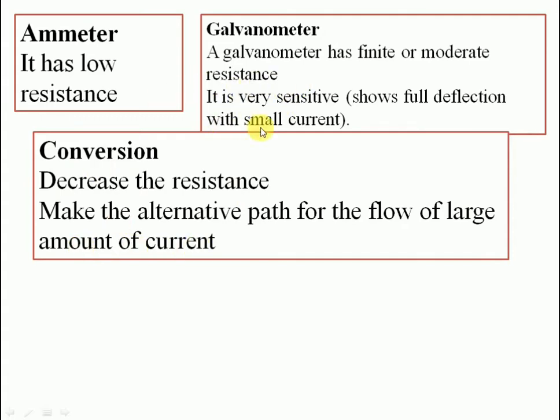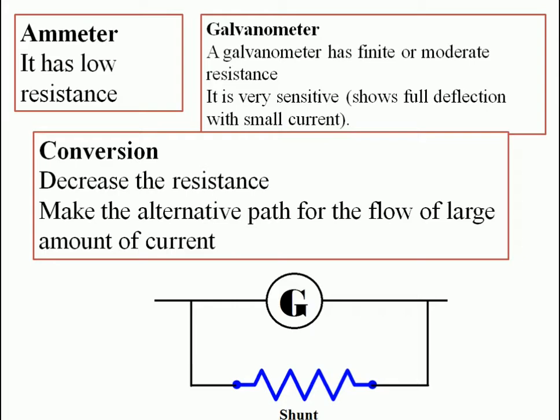As I have said, it is very sensitive, it shows full deflection for small current. Suppose I want to measure 1 ampere, when I send 1 ampere, the galvanometer may get destroyed, so I have to make an alternative path for the current to flow. In order to do that, we connect a very small resistance parallel to the galvanometer.